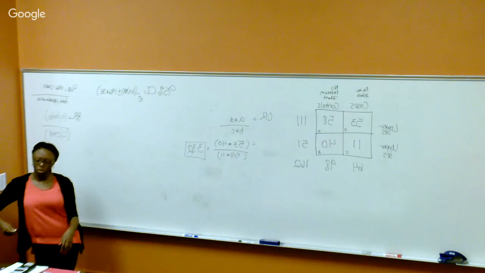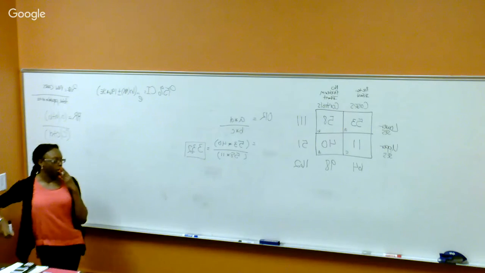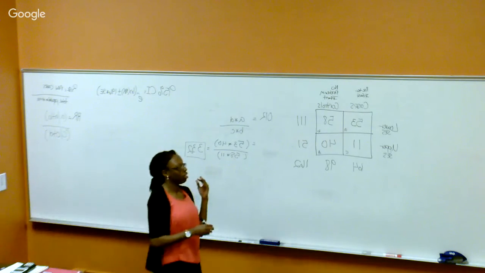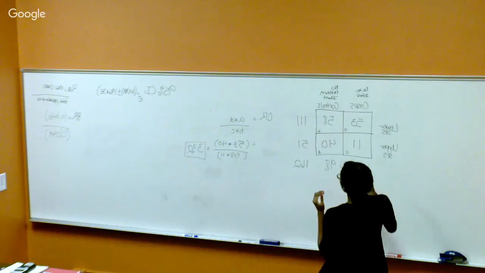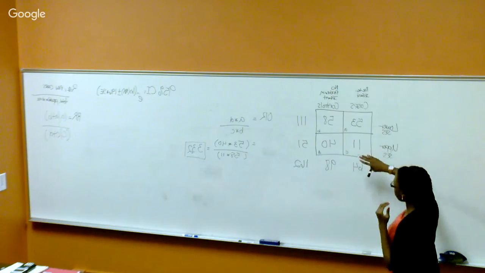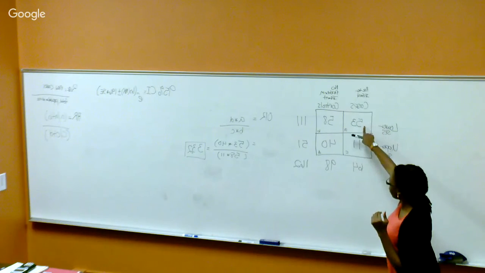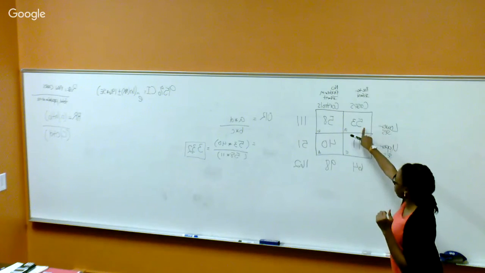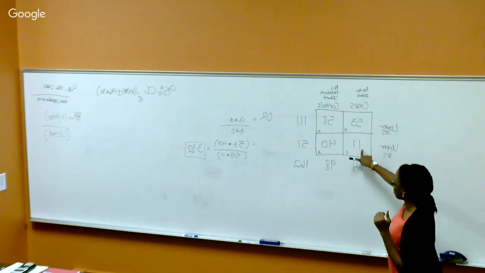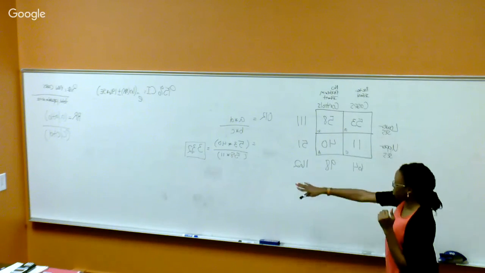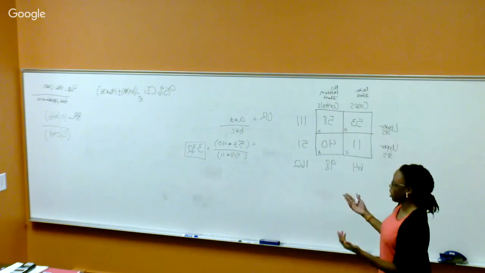So going back to what you were saying earlier, someone mentioned that we already know we're going to have a higher number for the people that are low SES, but by doing the odds ratio, it tells us how much higher.